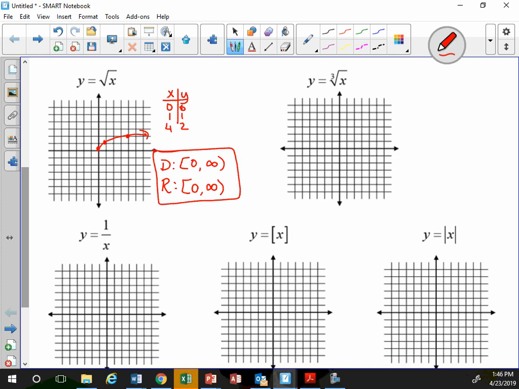All right, guys, next one, cubed root of x. What does a cubed root look like? Sideways squiggle, yep, that's pretty good. It's kind of like the cube graph, but sideways instead of vertical, okay? So you still have 0, 0, 1, 1, negative 1, negative 1, but instead of 2, 8, it's 8, 2.